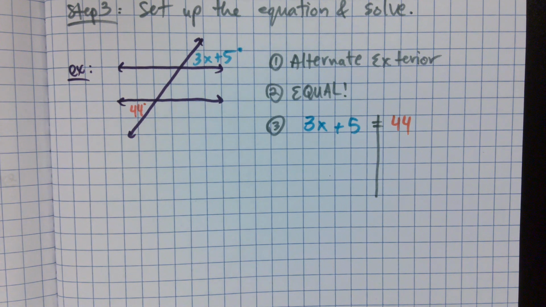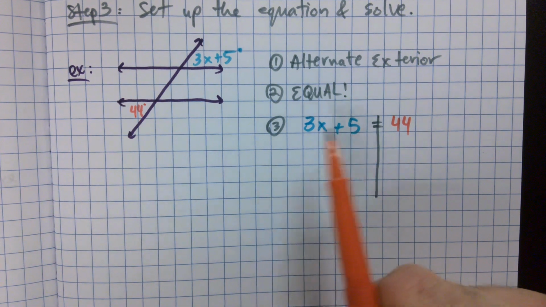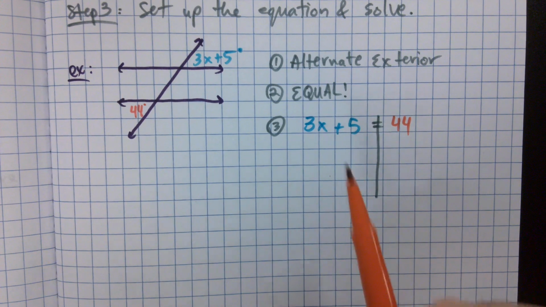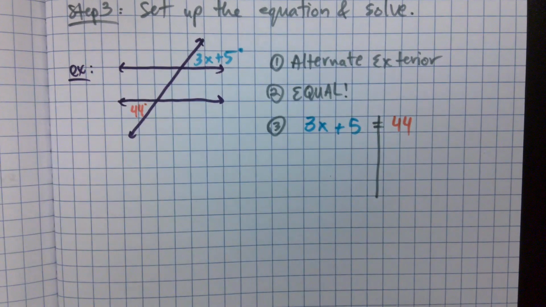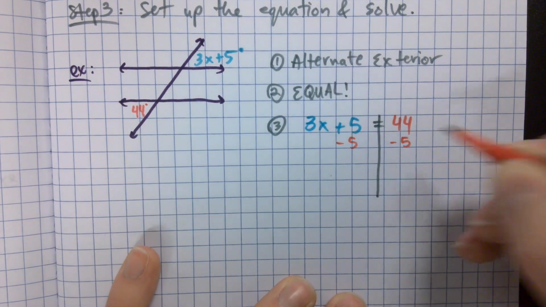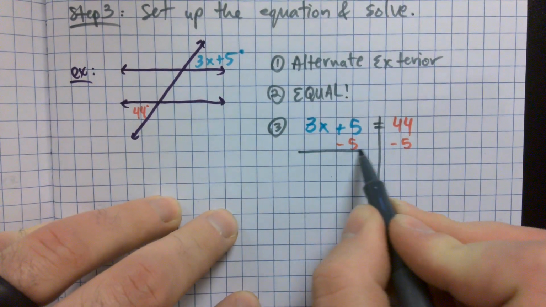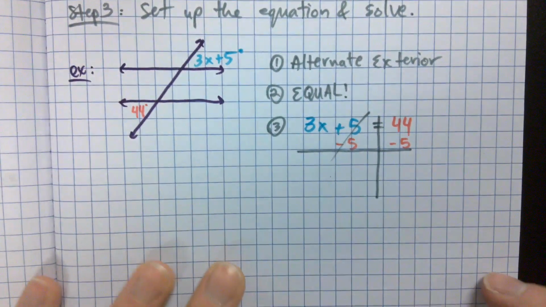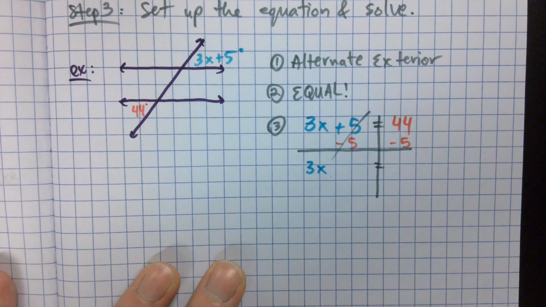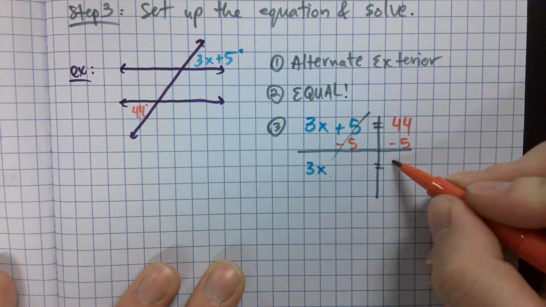When we're solving something like this, what's the first thing we want to do? Do we have any like terms to combine on the left side? No. I've got a variable term and a constant term. Can't combine those. So what can I do with my constant term? Subtract it over to the right. Minus 5, minus 5. My 5s cancel out on the left, leaving me with 3x equals 39.